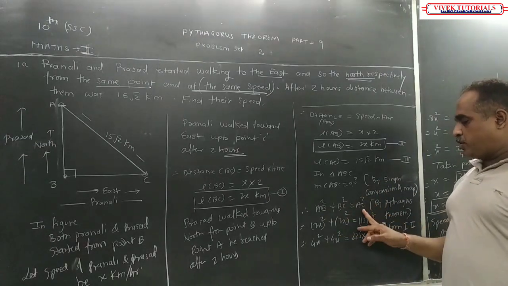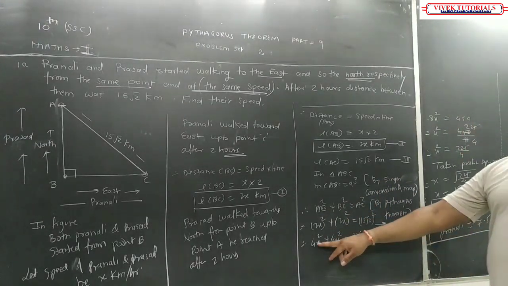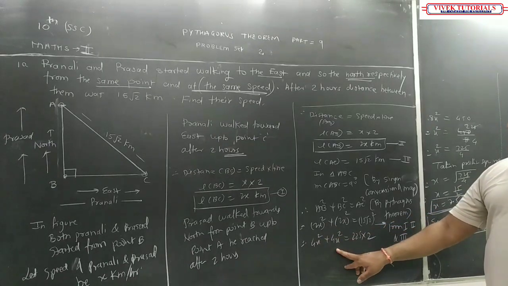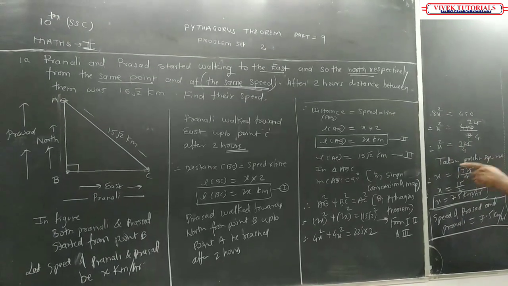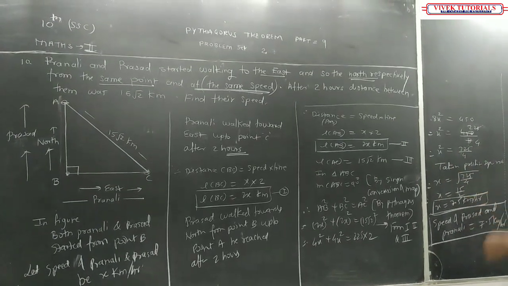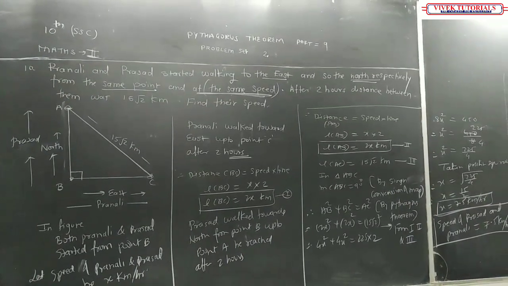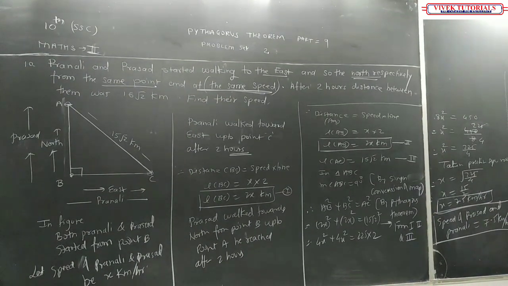AB square plus BC square is equal to AC square. We got 4x square plus 4x square is equal to 225 into 2. We got x square is equal to 225 by 4. Taking square root, we got 15 by 2. That is 7.5 kilometer per hour. Therefore, speed of both of them is how much? 7.5 kilometer per hour.